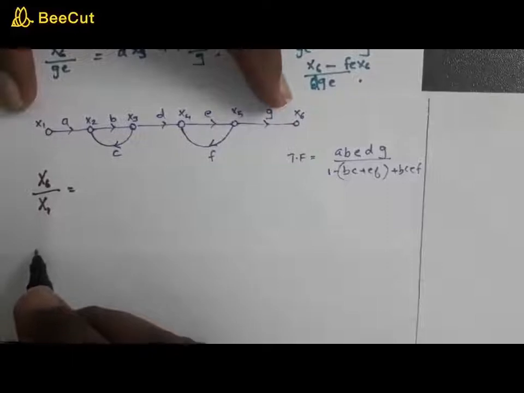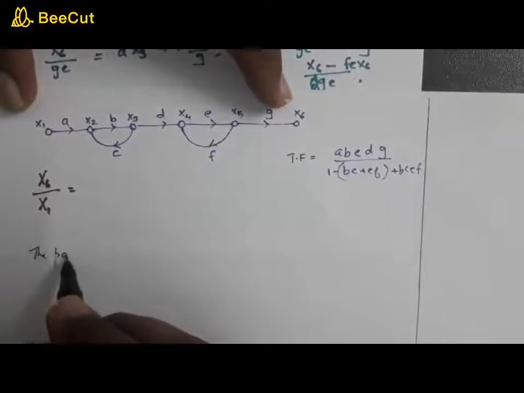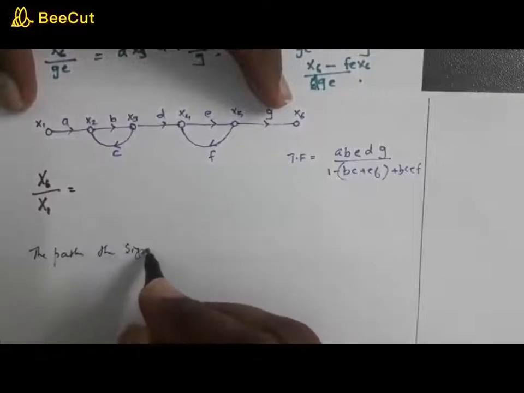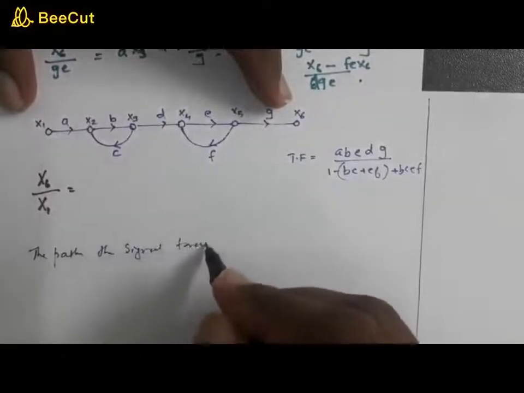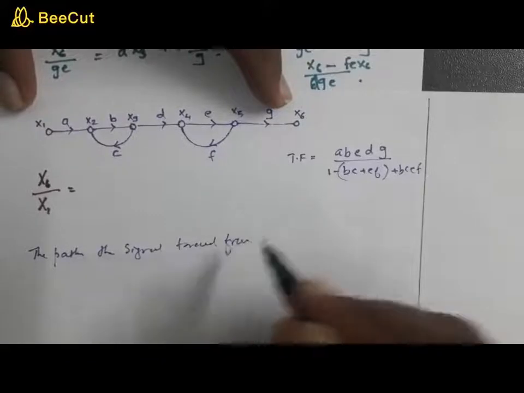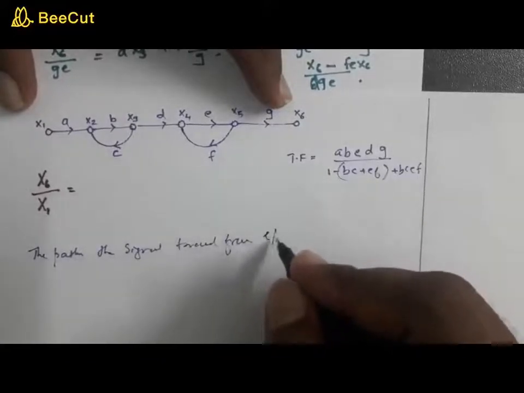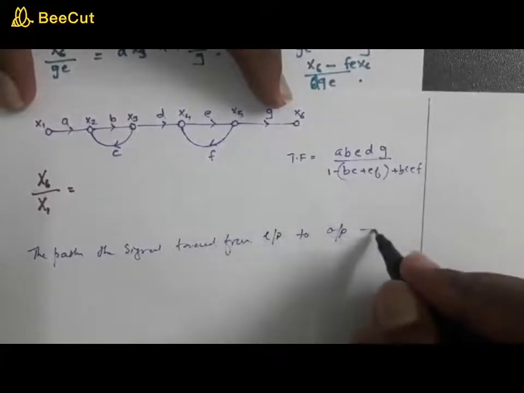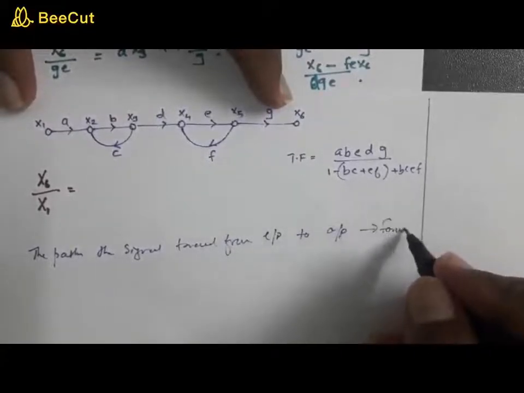Now, the path the signal travels from the input to the output side is what is called a forward path.